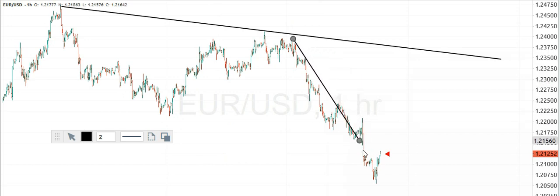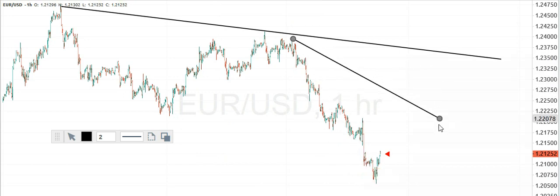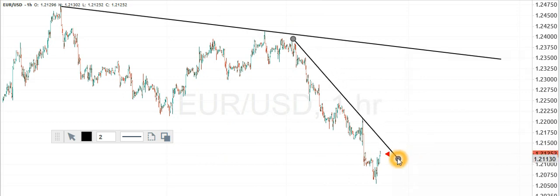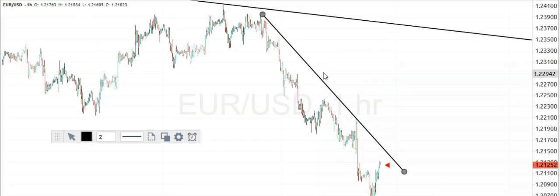This will be incorrect. We do not draw a trend line through the candle. We extend the trend line, and then we go until the first candle it touches, which will be here. Okay, so this trend line would be my outer trend line.